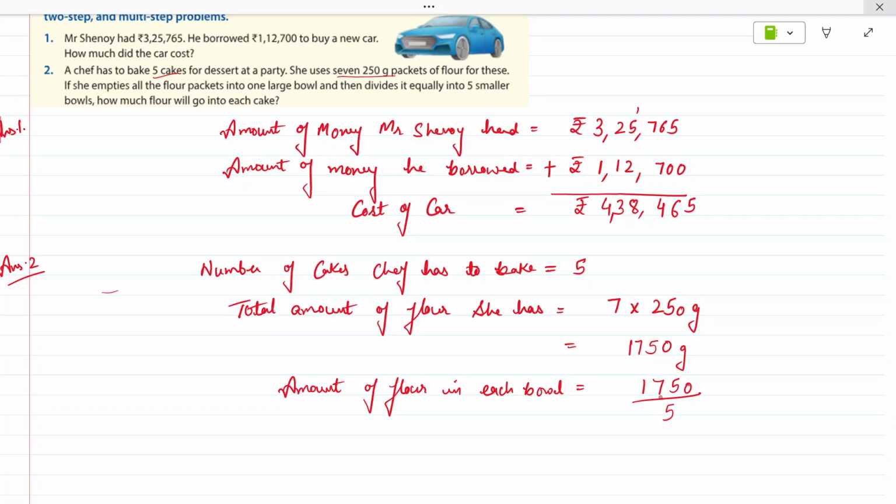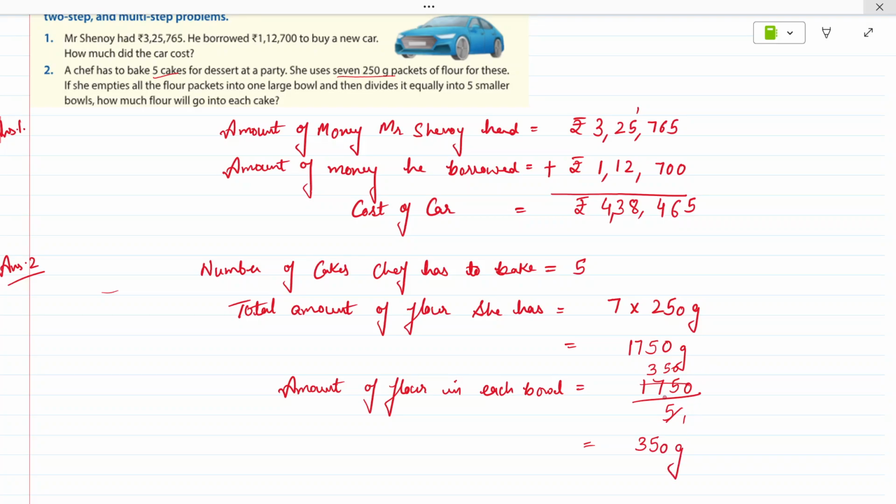It will be divided by 5. So when you divide it by 5, you will get 5 is 1 will come, 5 multiplied by 3 is 15, 25 in this. So answer will be 350 grams.